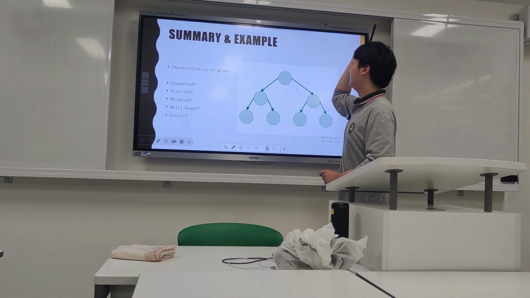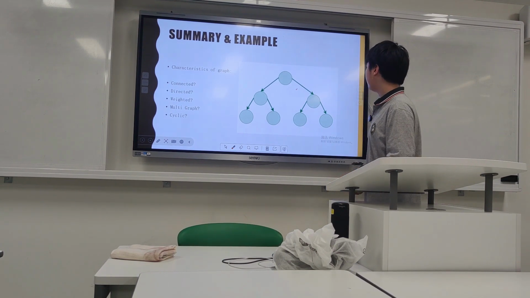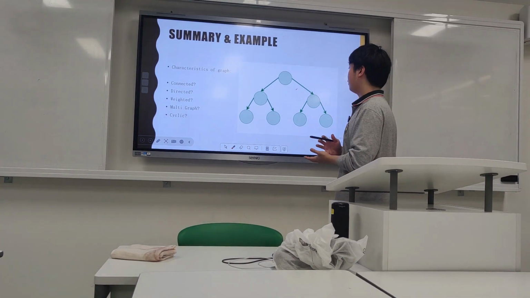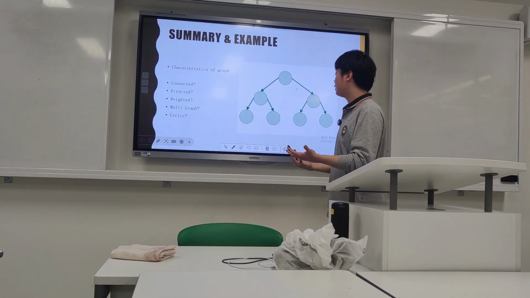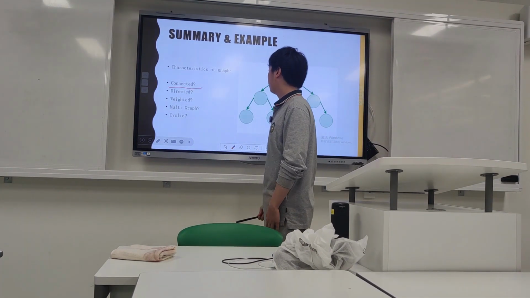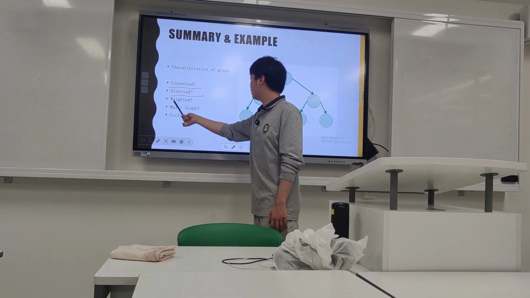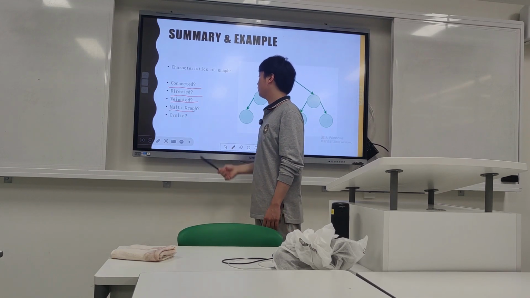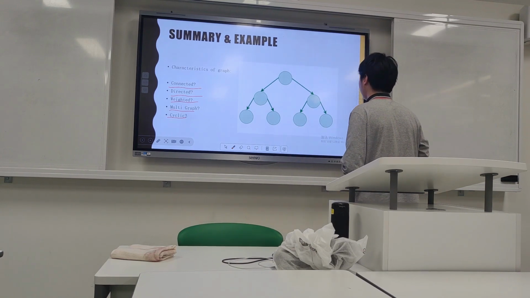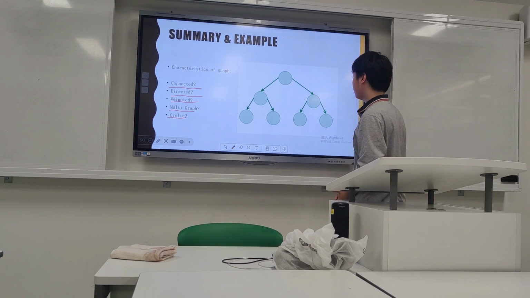So here we have a summary of the common characteristics of a graph. When we look at a graph, we usually think of the characteristics: first whether it is connected, then whether it is directed, then whether it is weighted, whether it is a multi-graph, or whether it is cyclic. Here we'll use the example of a tree again.